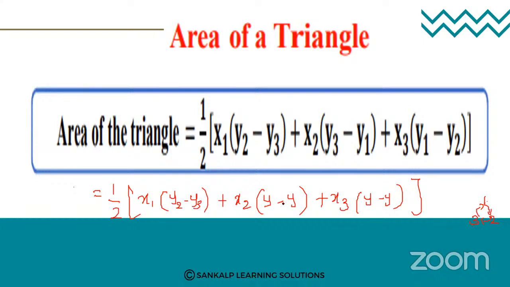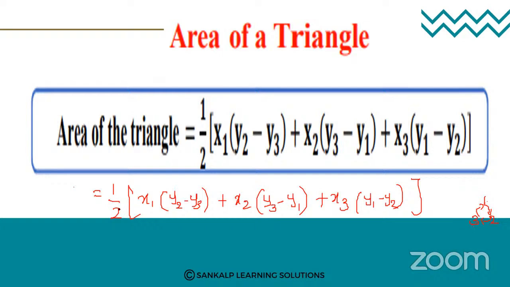Next, consider x2. After 2, 3 and 1 will come: y3 minus y1. Next, x3. After 3, 1 and 2 will come. Then write here y1 minus y2. This is a simple trick to remember how to write the formula of the area of the triangle.